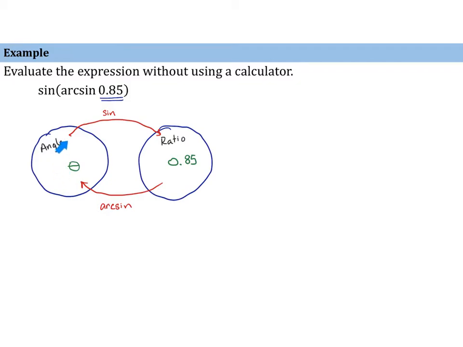Now if I take the sine of that angle, I will end up, without restrictions or anything, in the 0.85 category. So the output of this is just 0.85. Sine will always undo arc sine for any value that is appropriate in the domain of the arc sine function.